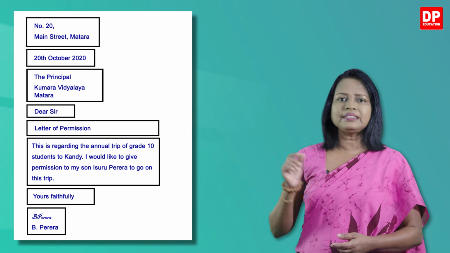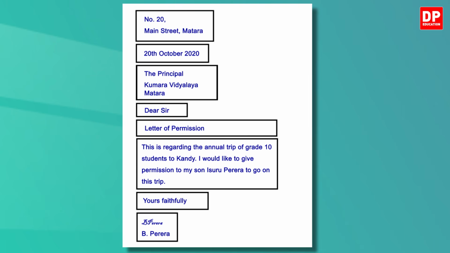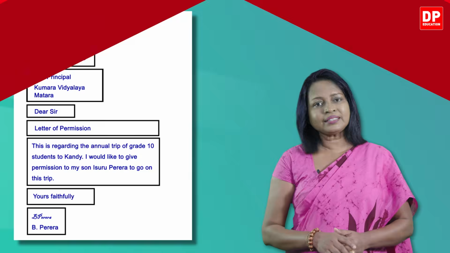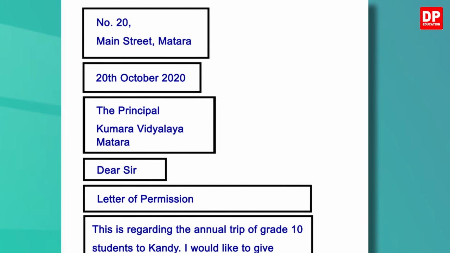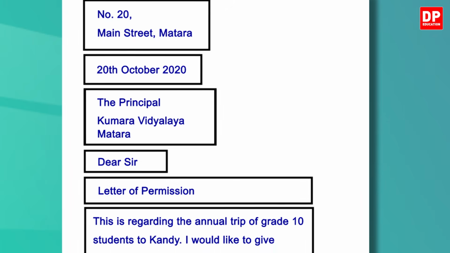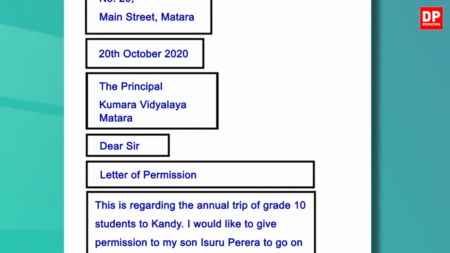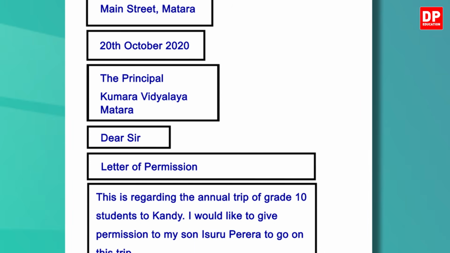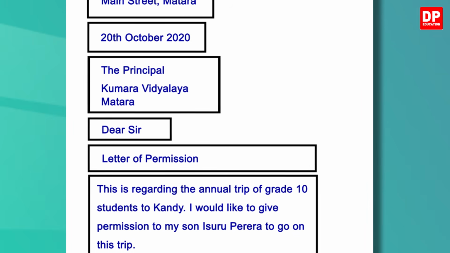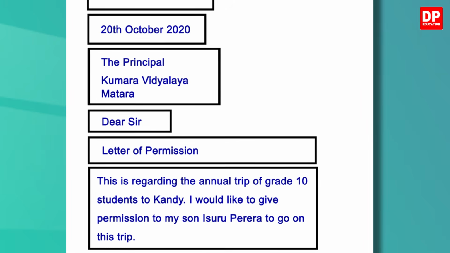Okay, let's check whether you have done it correctly. Here is the letter in the correct order. Let's read it together. Number 20, Main Street, Mathara. 20th October 2020. The Principal, Kumara Vidyalaya, Mathara.